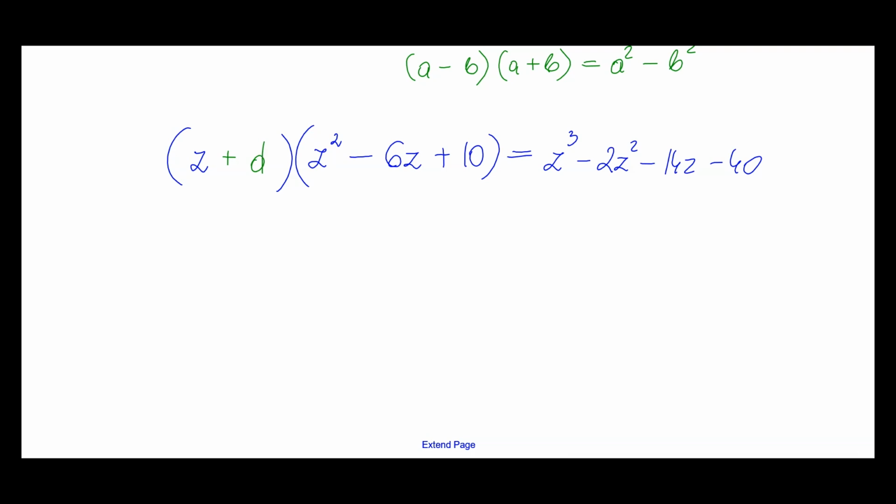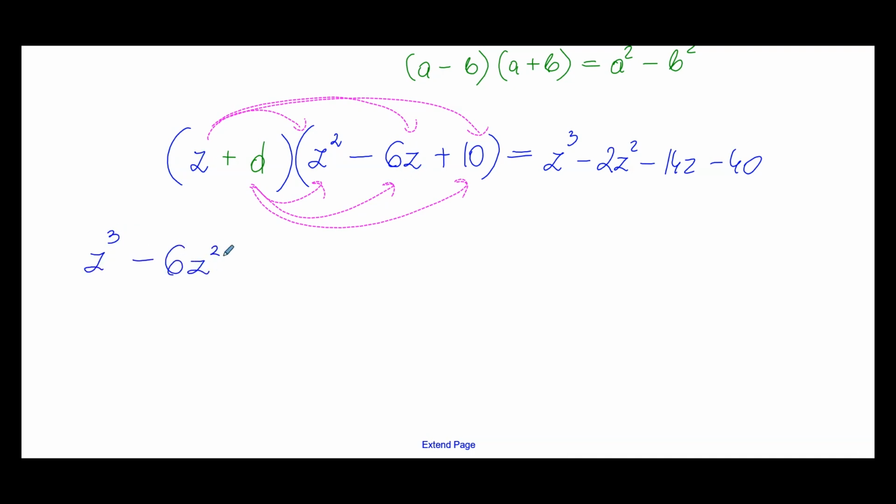Okay, now we do the multiplication. Honestly, we don't have to do all of that multiplication, but let's do so that you understand. z by z to the power of 2 is z to the power of 3, z by minus 6z is minus 6z squared, z by 10 is 10z, and then multiplication by d: z squared d minus 6dz plus 10d.